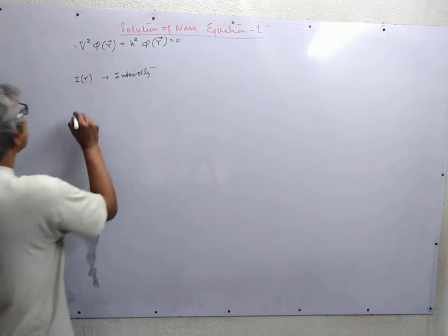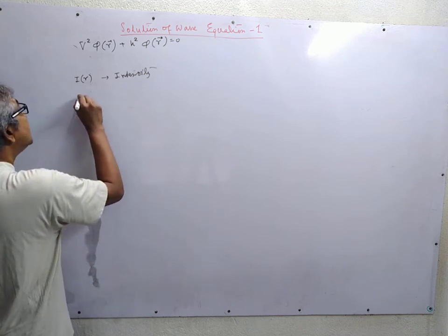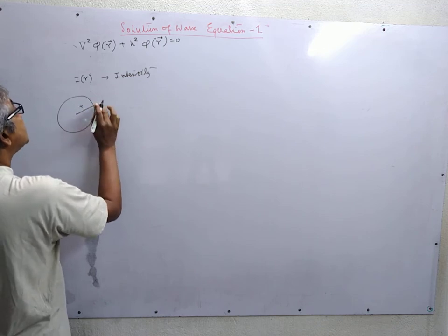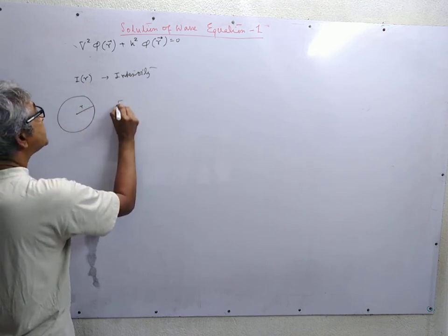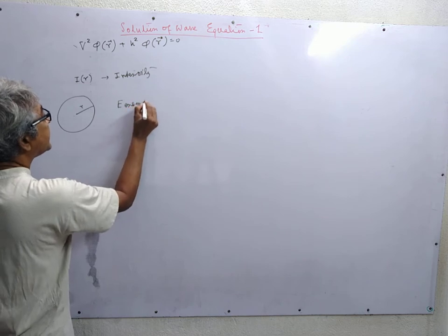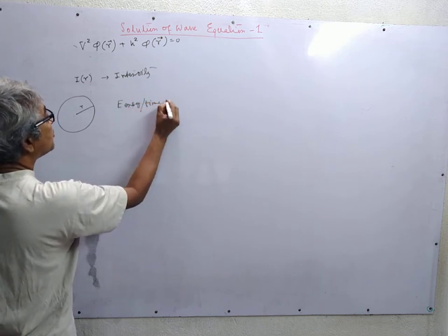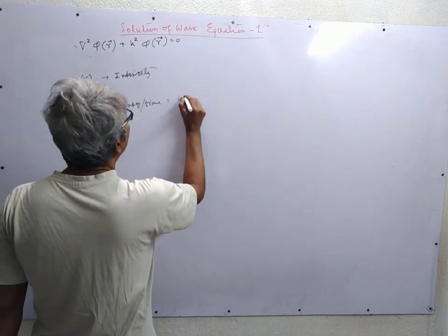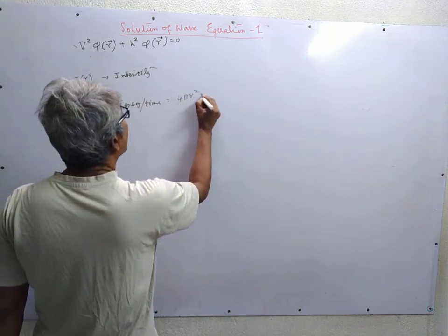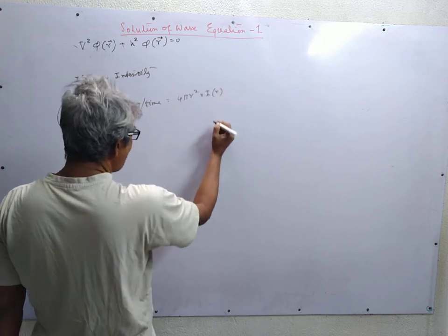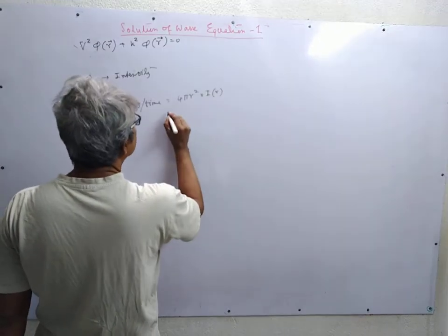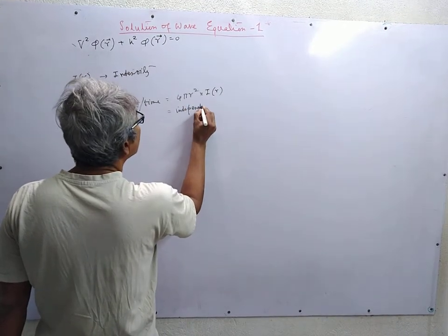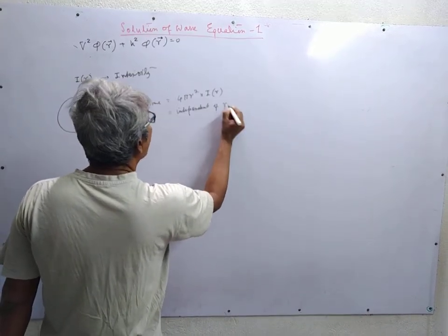And if we consider the surface of a sphere of radius r, then the total energy crossing per unit time is equal to 4 pi r square times intensity, and this should be independent of r.